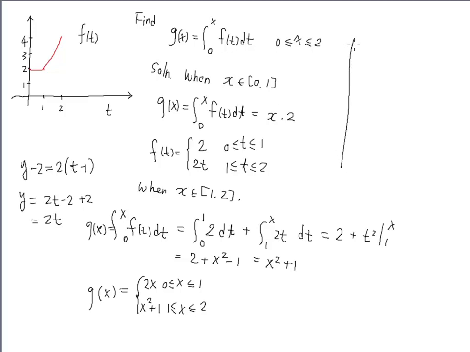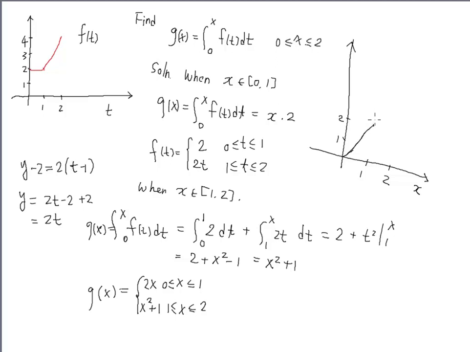If we want to graph the function, we can simply sketch it over here, and we will see that f is the derivative of this one. Now we of course have the variable x, and this is 1 and this is 2. Between 0 and 1, we have 2x, so it looks like this. Now if x is 1, this is exactly 2, but after this it's going to be a parabola.